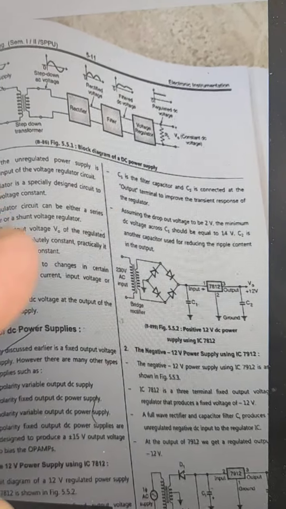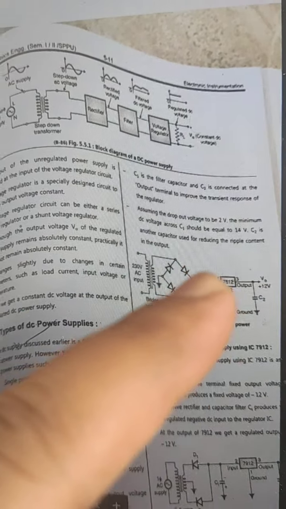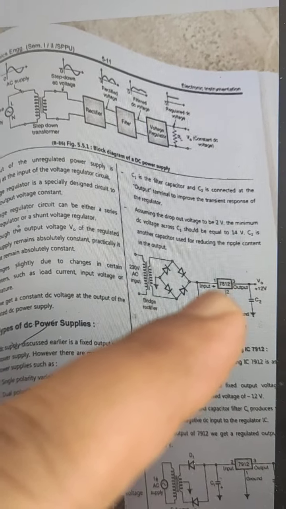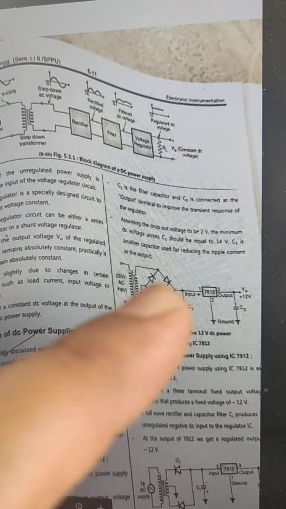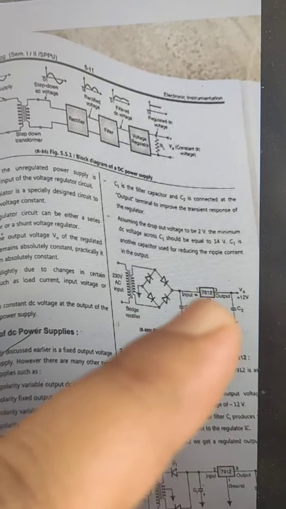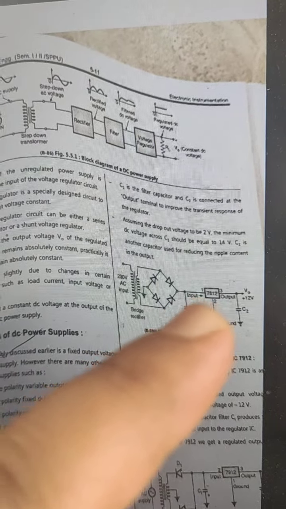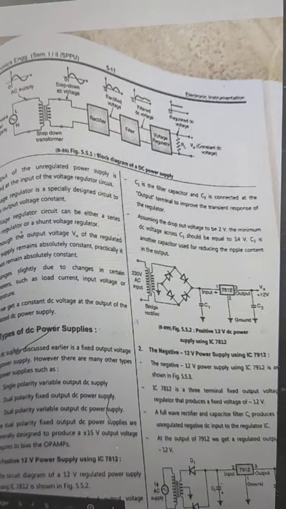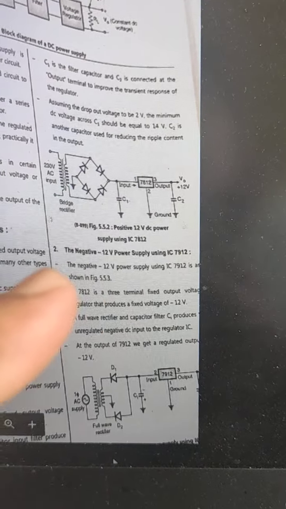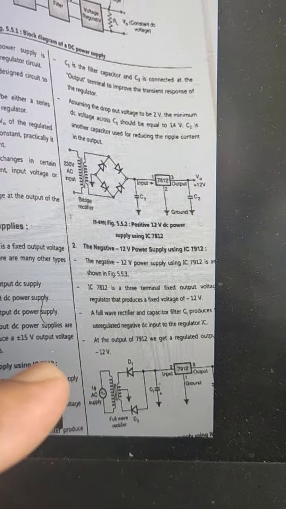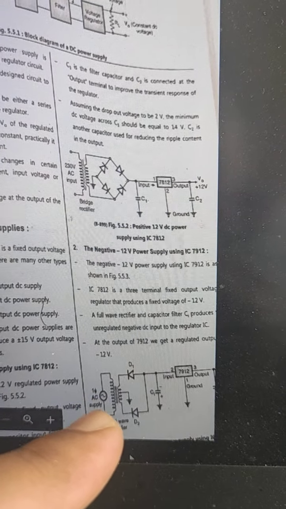Suppose we want a negative 12 volt DC power supply. Instead of the 78, we write 7912, as the 78 series is used for positive voltage supply and the 79 series is used for negative voltage supply, exactly the reverse. Like this, we get a negative 12 volt power supply. Here it is the same, this is our one phase AC supply.